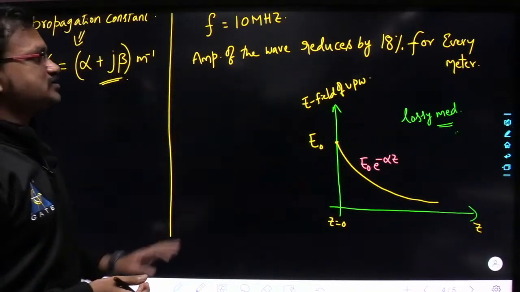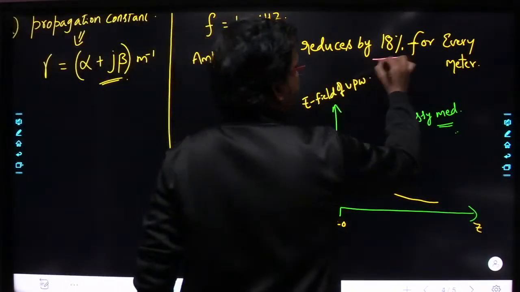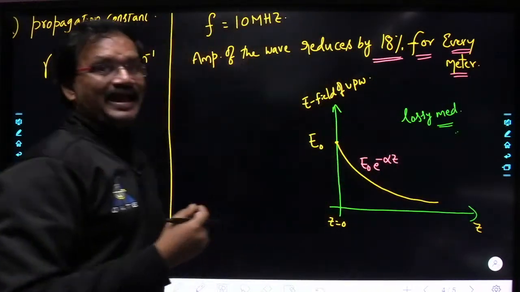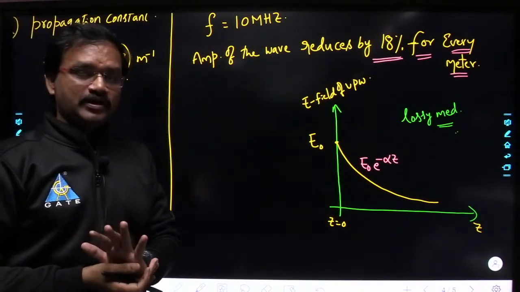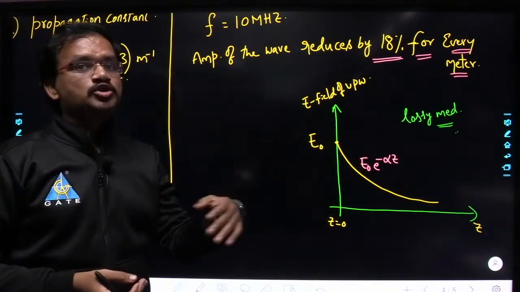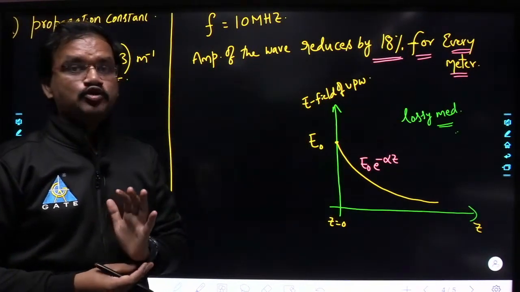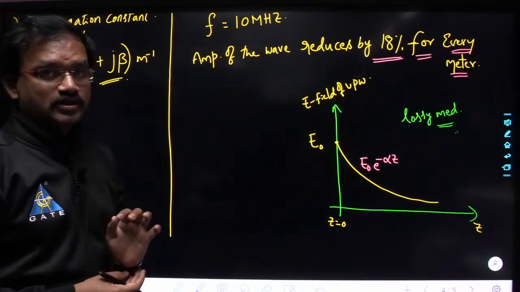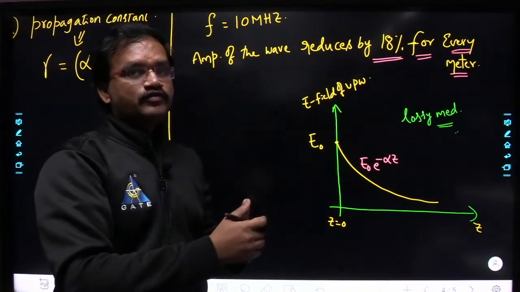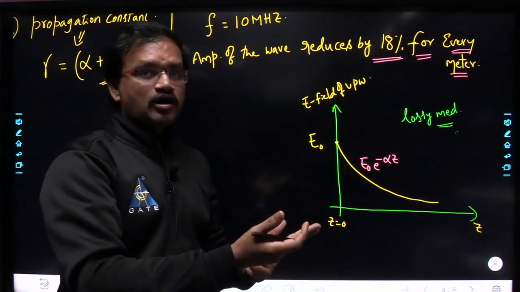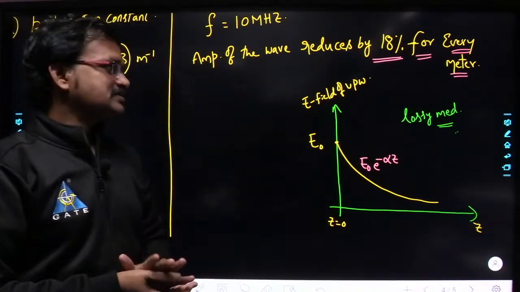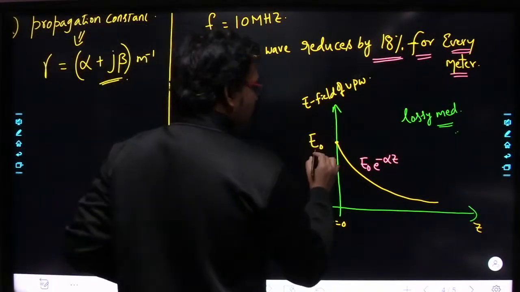What they are saying here is that it reduces by 18% for every meter. So for every meter, the amplitude will be reduced by 18%. If 18% is reduced, 82% of the amplitude will be left. Let us say the initial amplitude is E naught.